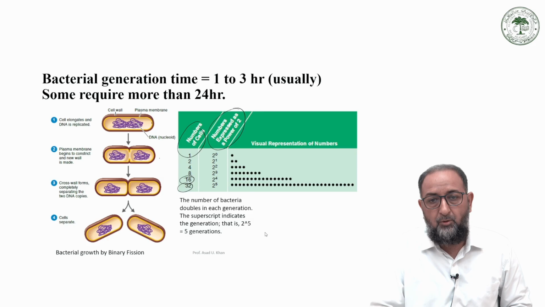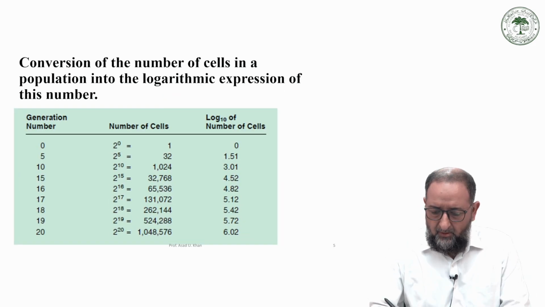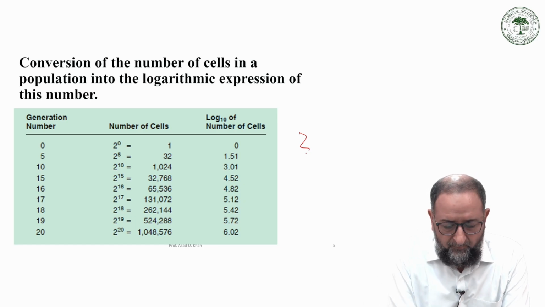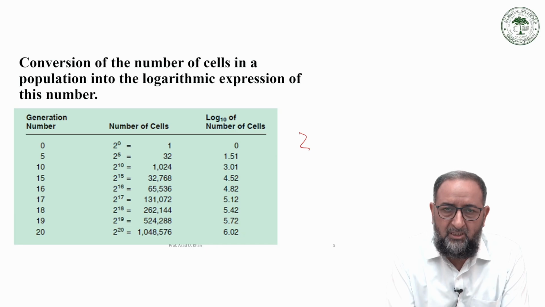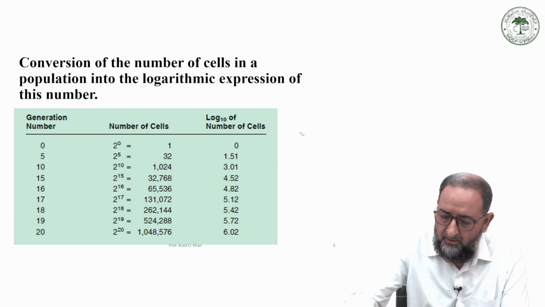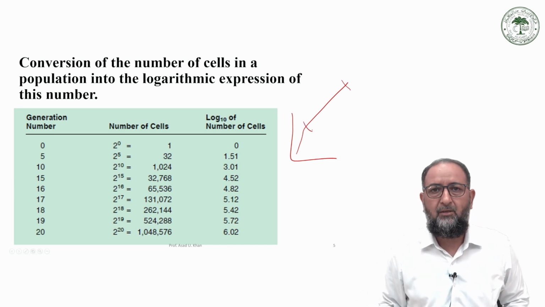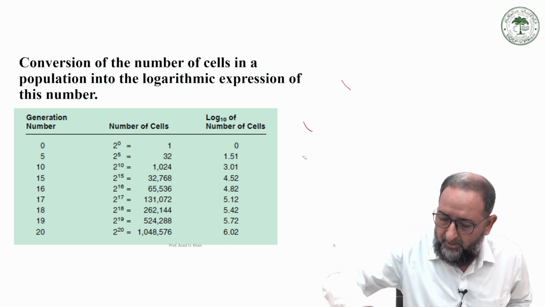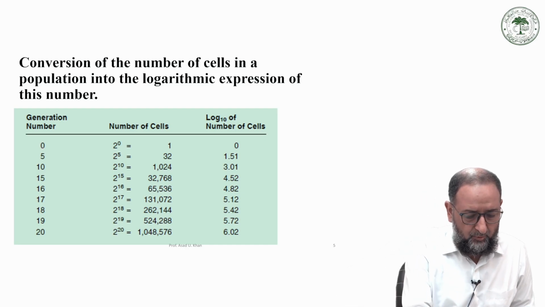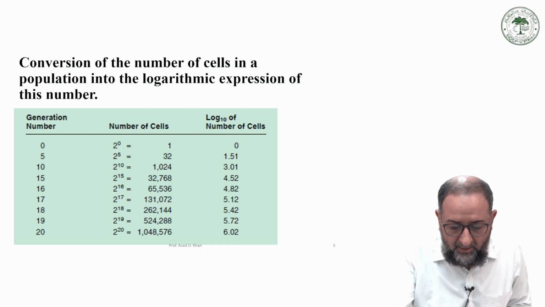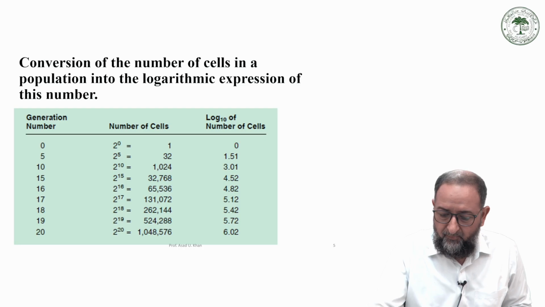Now, generation time is important to learn the growth rate. This is a good chart to understand the total log values to calculate, because generally it is a log 10 logarithm, because it is exponential growth, right. This exponential growth is calculated into the log value. So this chart gives you the generation number, say 0 to 20, and the number of cells from 1 to about 1.1 lakh, then the log values 0 to 6.